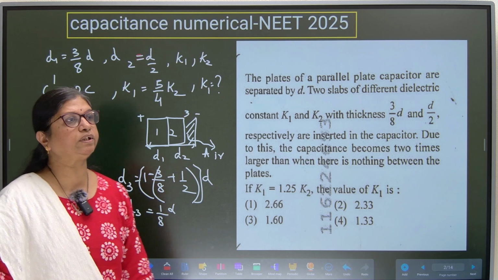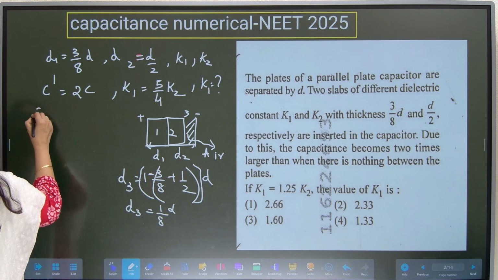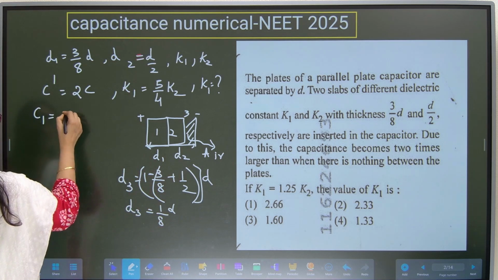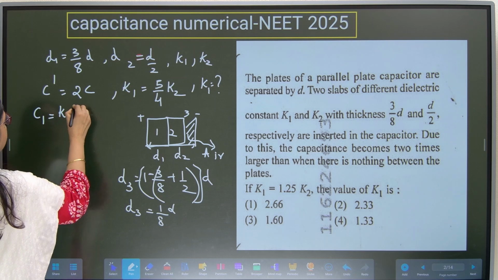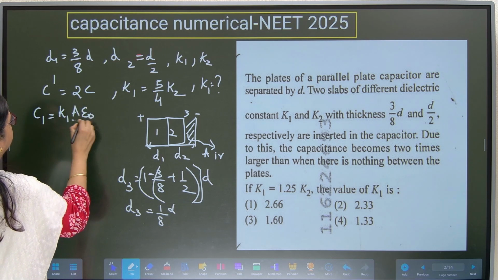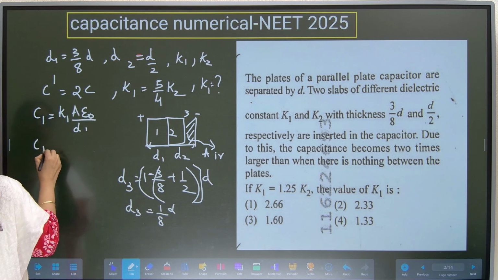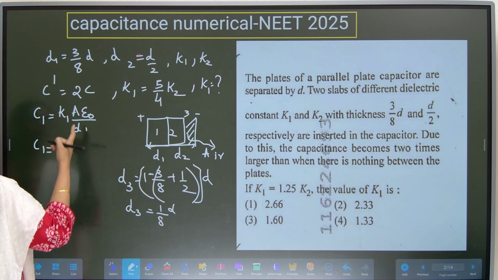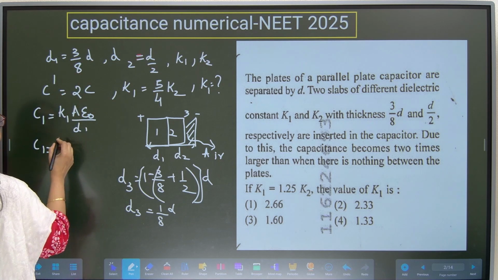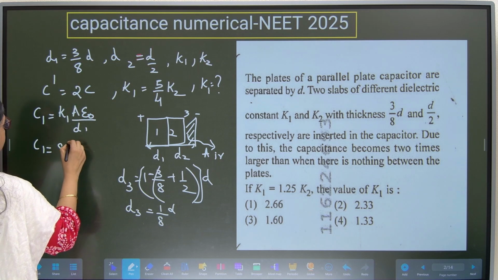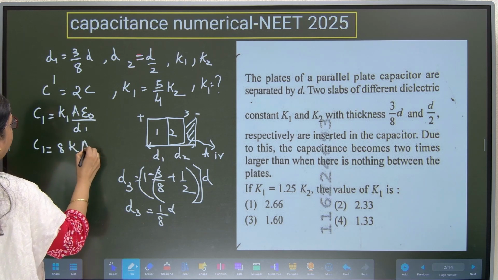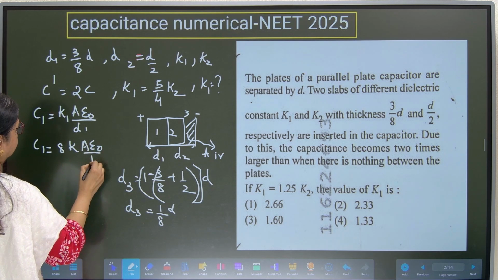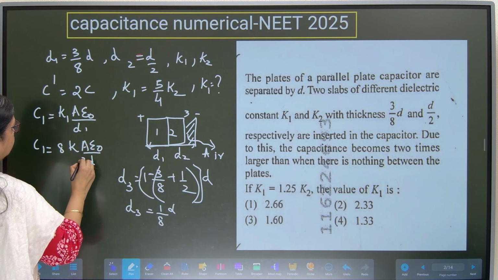Fine. So now with the given data, let us find out C1. C1 is equal to K1 A epsilon naught by d1. Therefore, substituting d1 as 3d by 8, we get 8 K1 A epsilon naught upon 3d.